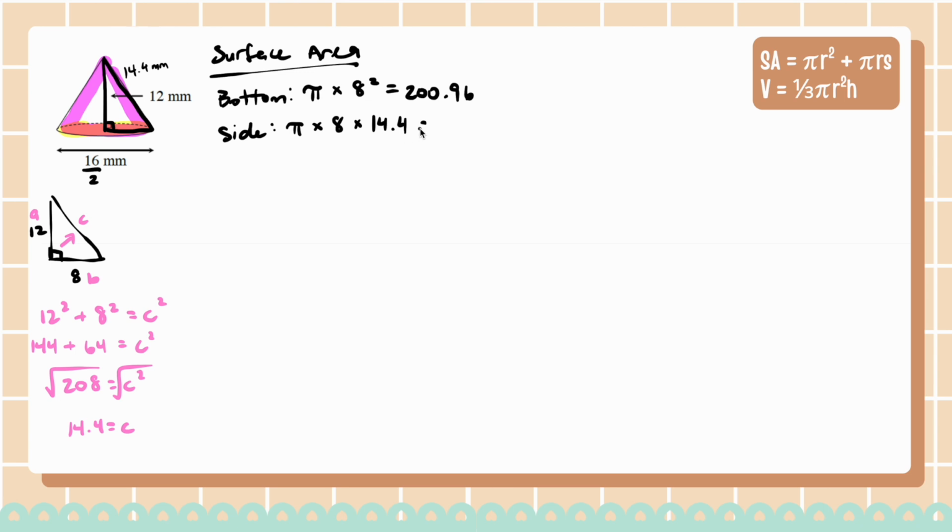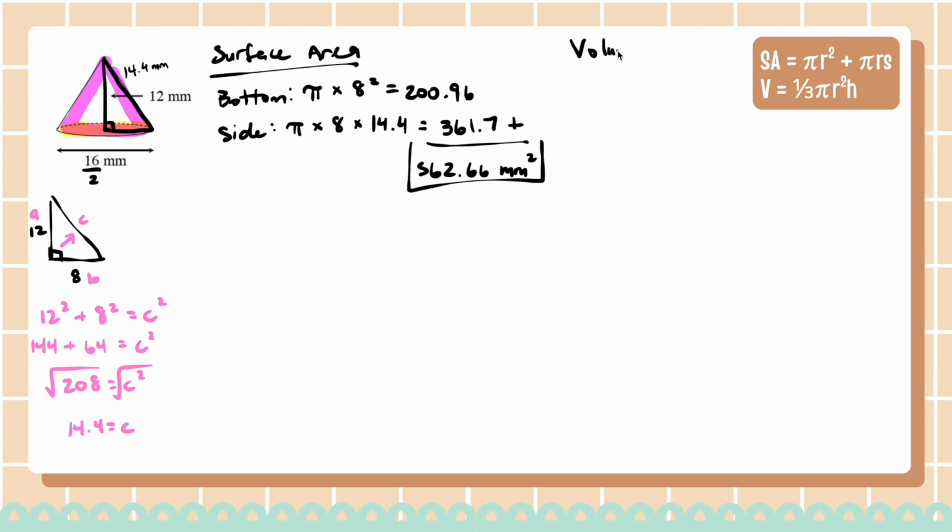So 14.4. All of this multiplied is going to get me 361, and I'm just going to round it to the nearest tenth, so 361.7. Let's add these two sides together and we get a total of 562.66 millimeters squared. And that's the surface area.